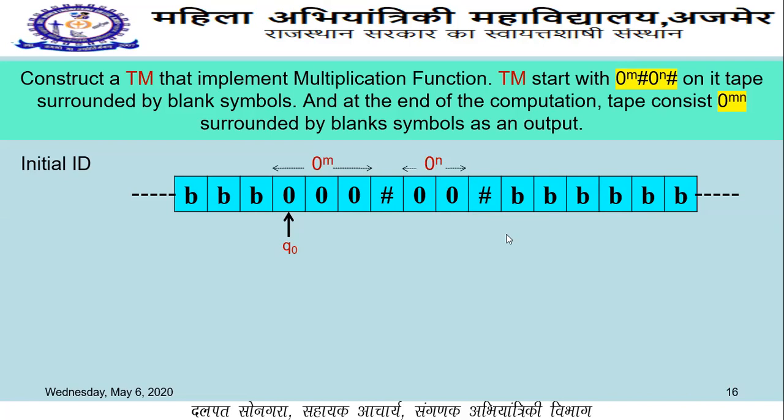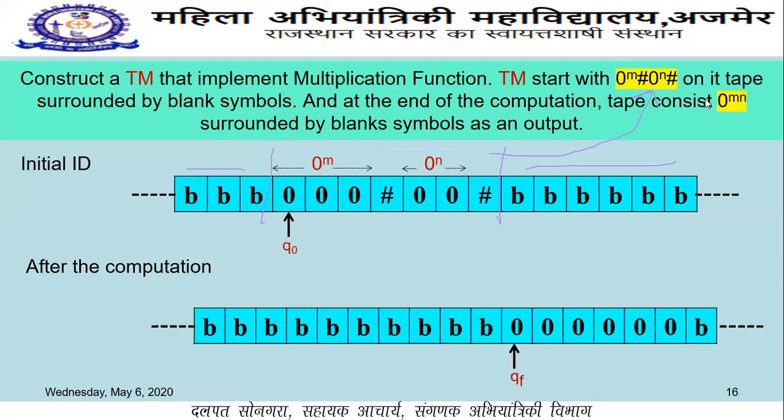We start with the initial state q0 from this position, and the string is surrounded by a number of blanks as discussed earlier. After the computation we have to change the machine into this form.